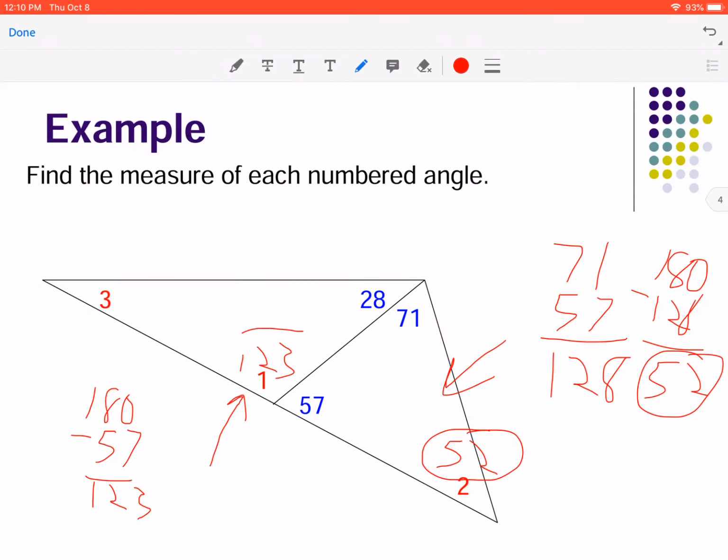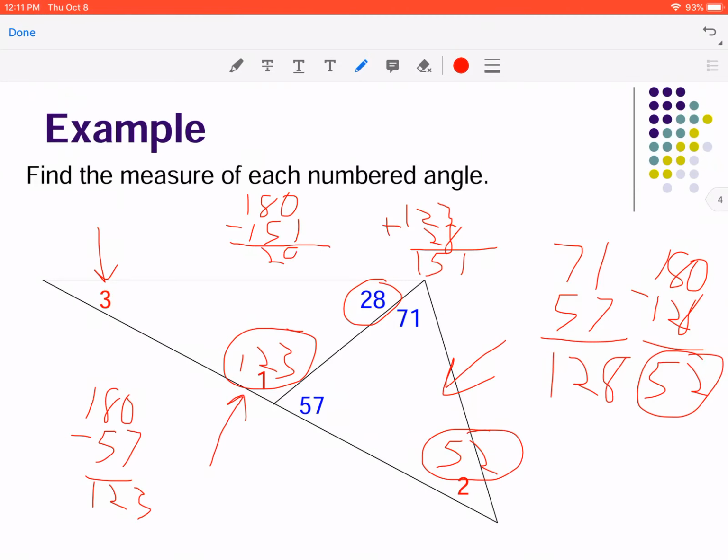Now that I have these two angles, I should easily be able to find angle 3. So I'm going to do 123 plus 28. That gives me 151. Then I'm going to do 180 minus 151. I should get 29. So angle 3 is 29 degrees. And that's it.